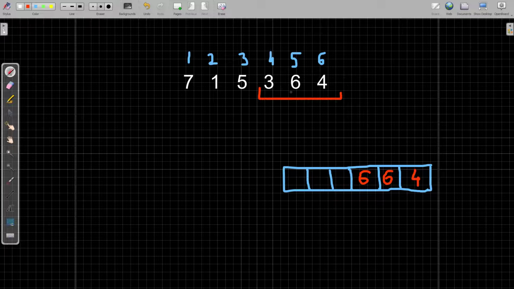The maximum in this is 6, and between 6 and 5 it is 6. So this will be 6 as well. Now moving to day 1, what is the maximum? Of course 6, and at day 0 it is 7, because in this subarray the maximum is 6 and the maximum between 6 and 7 is 7.